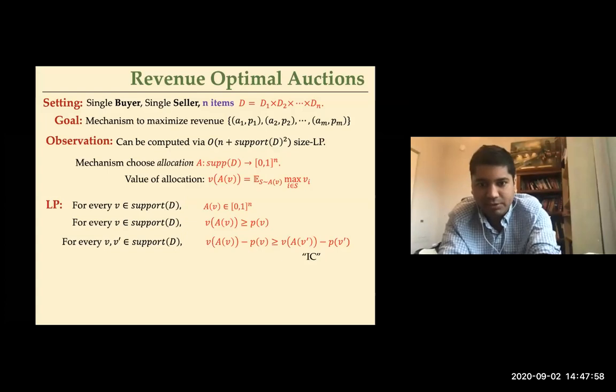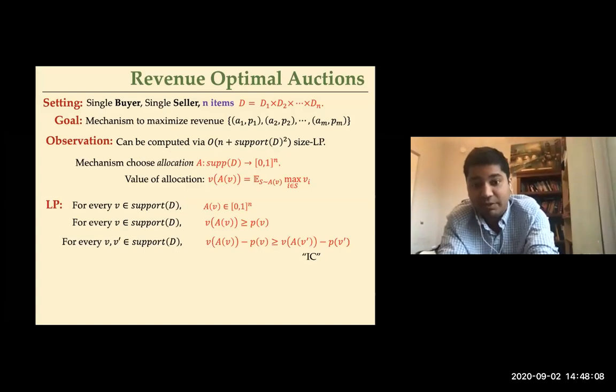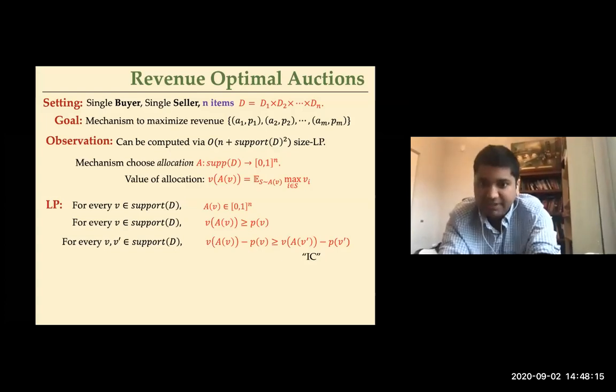For example, what this inequality says is, on the left-hand side, I have the utility that the buyer derives from the allocation given to it when their valuation is given by the vector V. On the right-hand side, it's the utility they will derive when their true valuation is V and they misreport it by V prime.